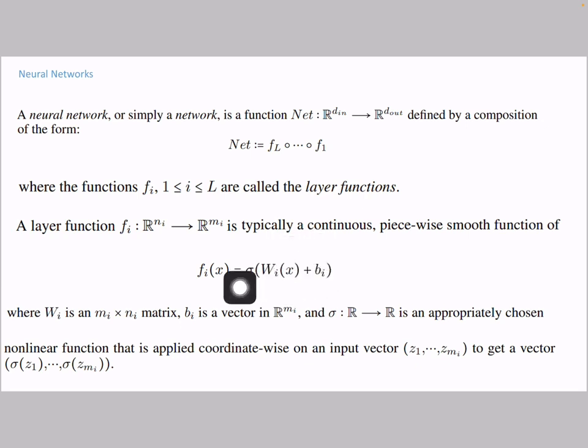And also you have a nonlinear function, sigma, and this nonlinear function is applied coordinate-wise. This affine function takes a vector and spits out another vector, so you apply this nonlinear function coordinate-wise to the output vector from the affine function. That's usually the layer function.